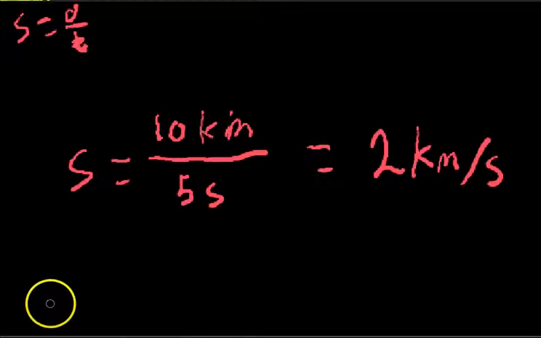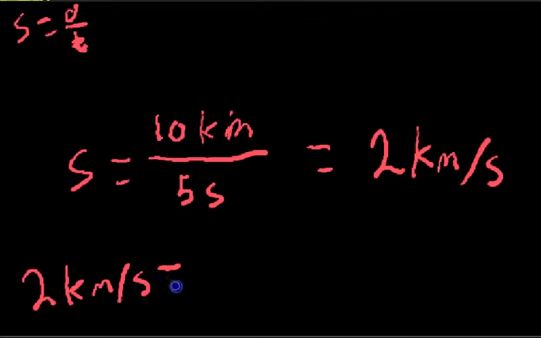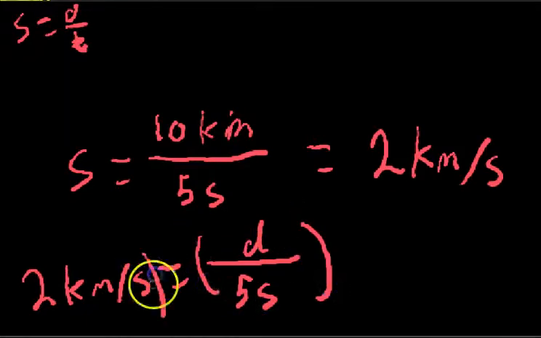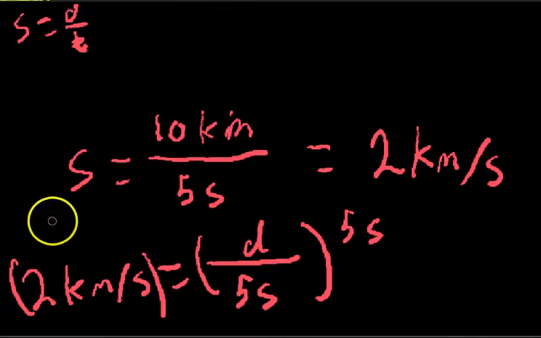Now let's say we do have a speed, let's use these same numbers, let's say we have the speed of 2 kilometers per second, but then we only have the time. We have distance up here as the variable, and then we have 5 seconds here. Well, we can do the same thing, just basic algebra here. Just multiply both sides by 5 seconds to get rid of the denominator here, and 5 seconds over here.